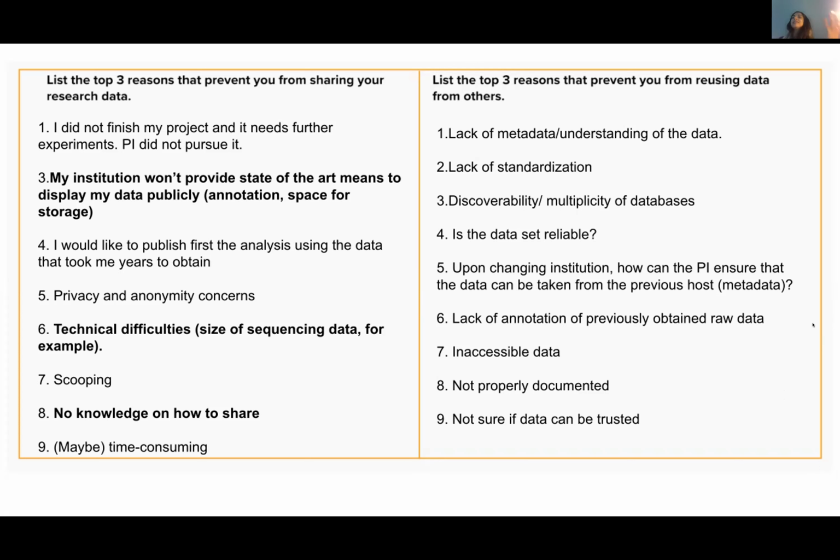Because we have these two aspects where on one side you have that it is time consuming and you might not know exactly what is the best way to share your data and to publish your data, and you don't know exactly what kind of return you will get from sharing that data. And on the other side, it's like, I'm going to invest all of this time into doing this without having a clear vision of how that will benefit me and my research group in the end.